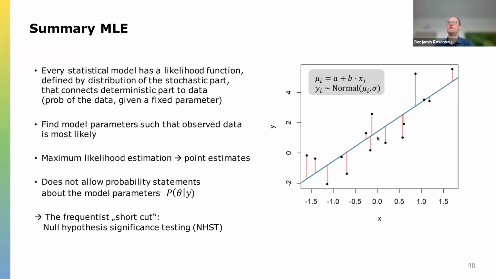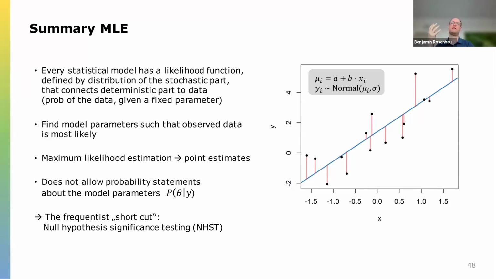But we have more: we assume that these residuals here are normally distributed. And this is the stochastic part, so it connects the deterministic part to the data. This is the probability distribution of the data. So we can always write down the formula for the probability distribution, and this always defines our likelihood function.